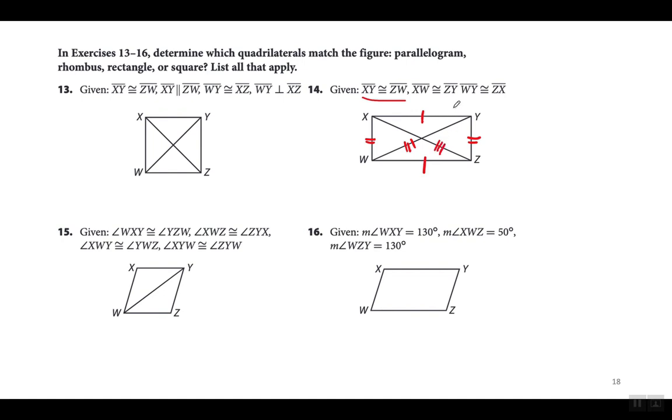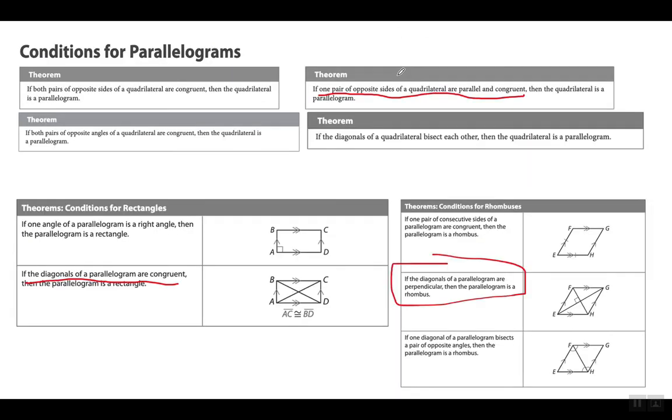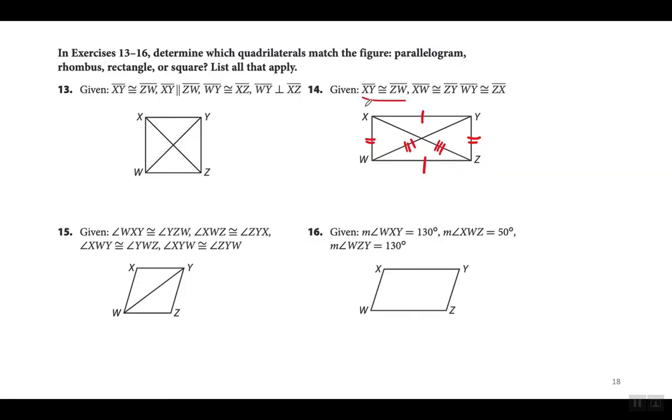All right, so, okay, first let's check, is it a parallelogram? Primero voy a chequear si es un paralelogramo. And for a parallelogram, it says if both pairs of opposite sides of a quadrilateral are congruent, then it's a parallelogram, and we do have that, okay? Both pairs of opposite sides, these sides are congruent and these sides are congruent. So therefore, yes, it's a parallelogram.